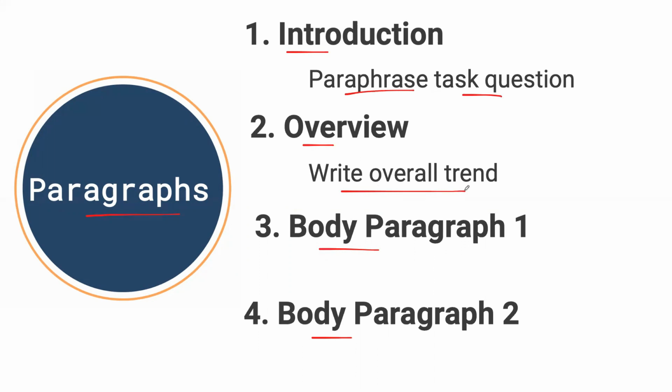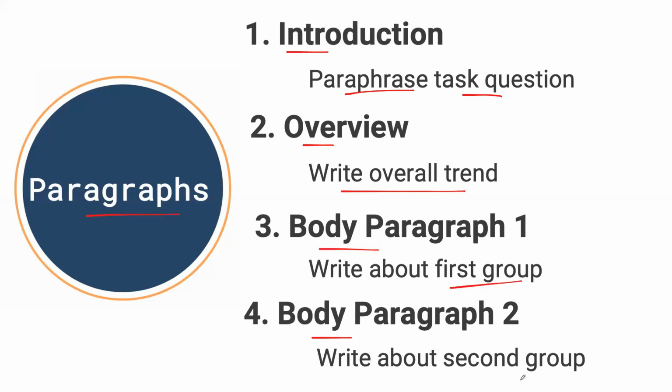And then for body paragraph 1, you'll want to write about the first group, which in this case will be male enrollment. And then of course, as you may have guessed, body paragraph 2 will be about the second group, which in this case will be female enrollment. So there you have it. We've already looked at our overview, and we've looked at these 2 different groups in our outline in step 1. So let's go ahead and start writing our essay and finish up with step 2.